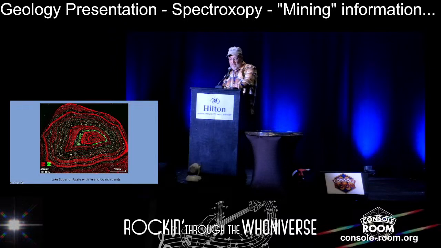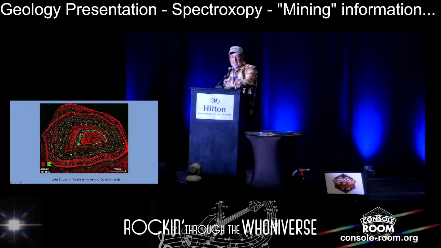What's cool about this one, it's a couple of inches across, and the reddish color that we see in agates, we know comes from iron, and it's usually in specific layers. Sometimes the agates can be spectacular, they might have enough iron to detect, they might not. This one actually has copper, and copper in the layers that are opposite from where we see concentrations of the iron. So there's something interesting going on there.